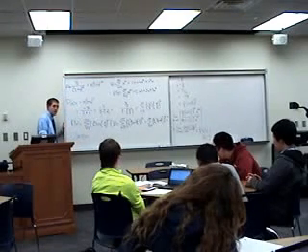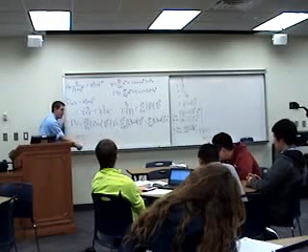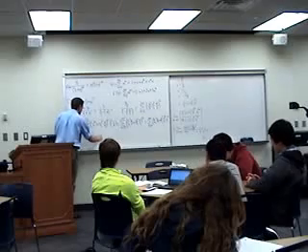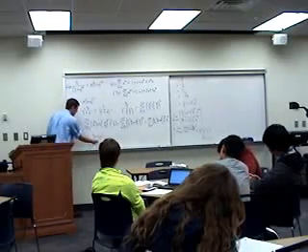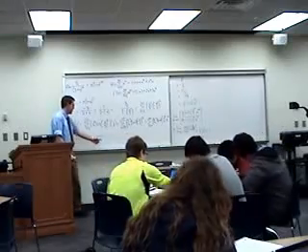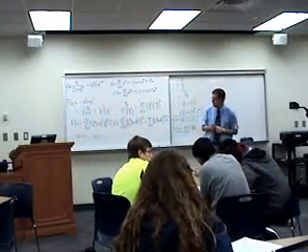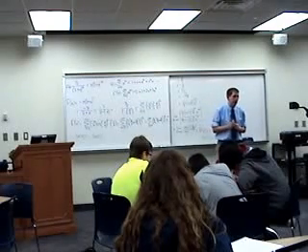What's my radius? 1 is my radius. What's my center? 5. What if I had x plus 5 is less than 1? My center would be negative 5, radius would still be 1. Oh, but negative 4 to 6 is like your interval of convergence. Correct. Okay.